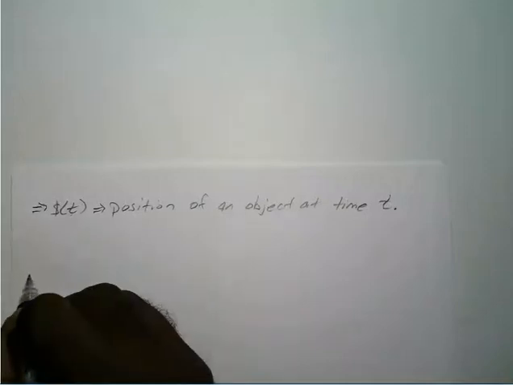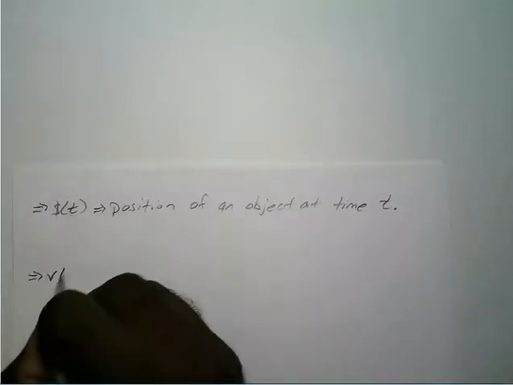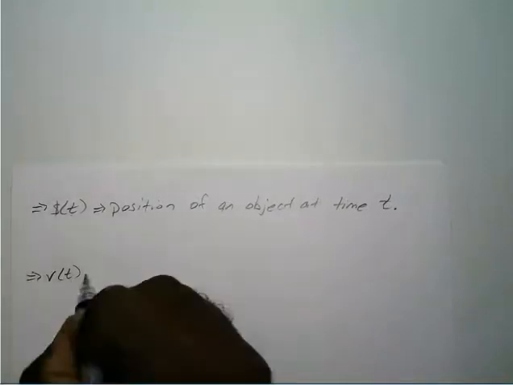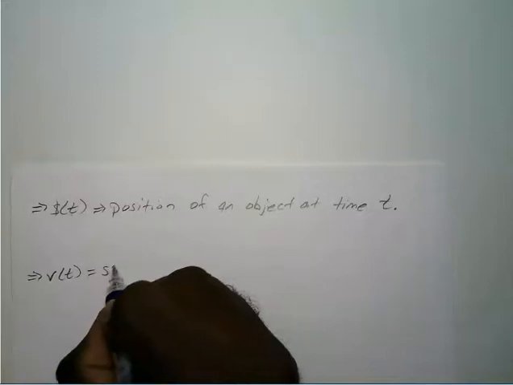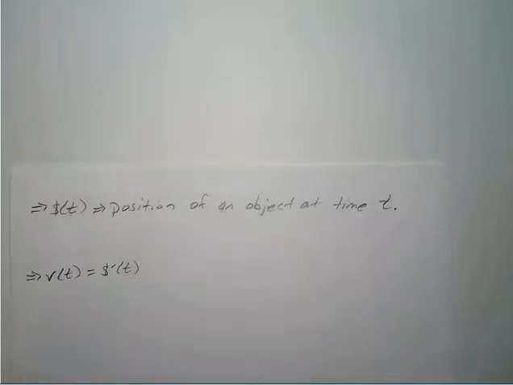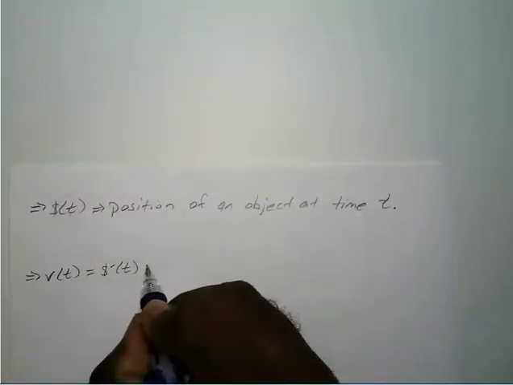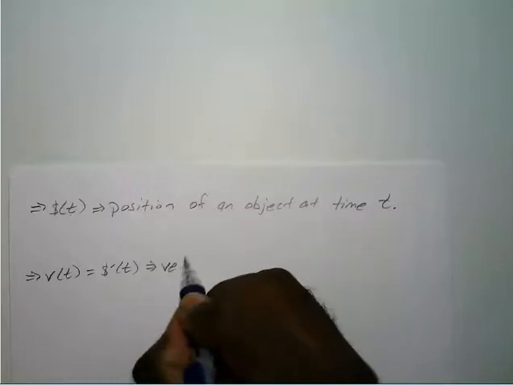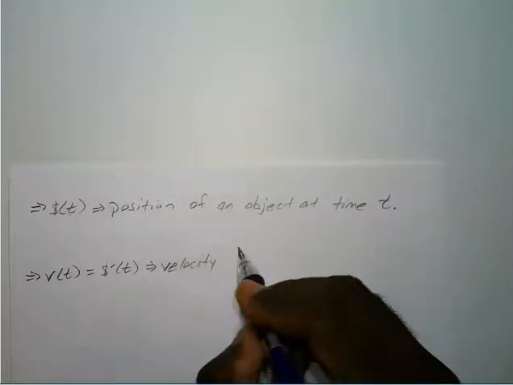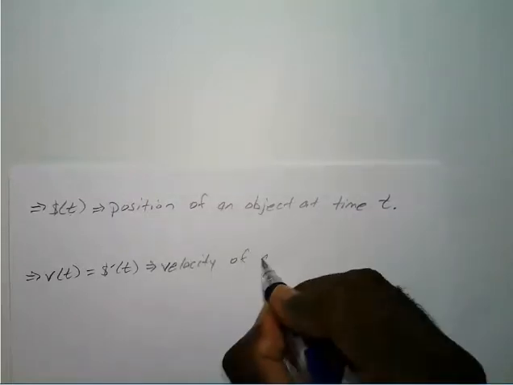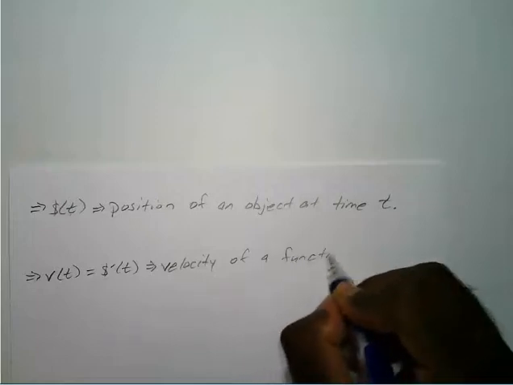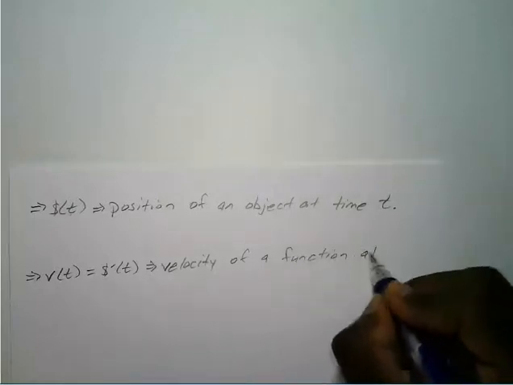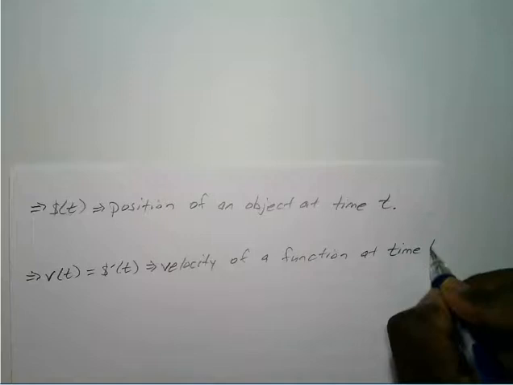Now your velocity function, which is your first derivative, that's the velocity of a function at time t.